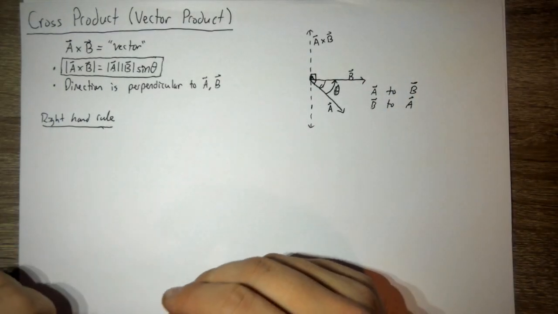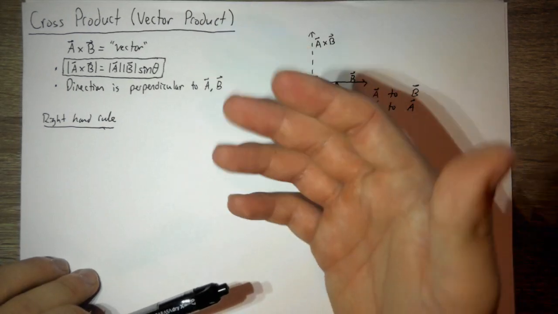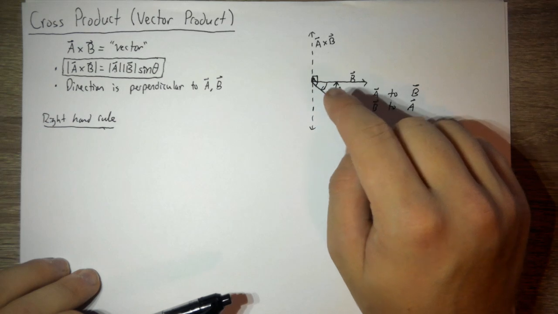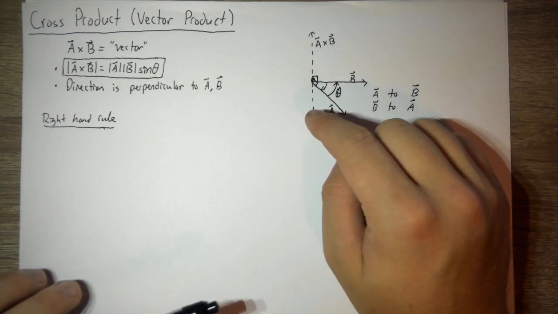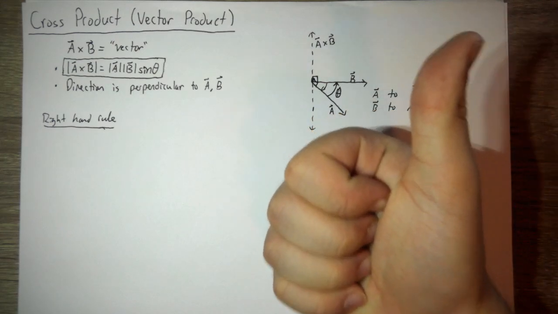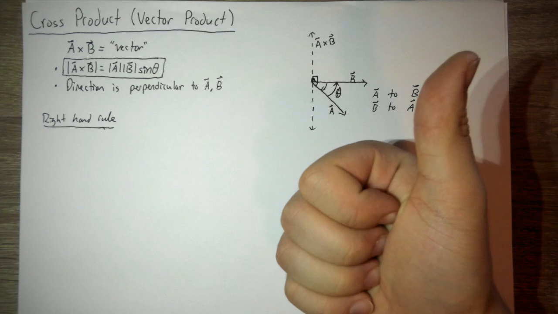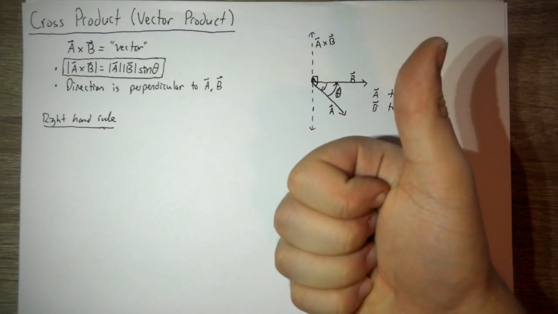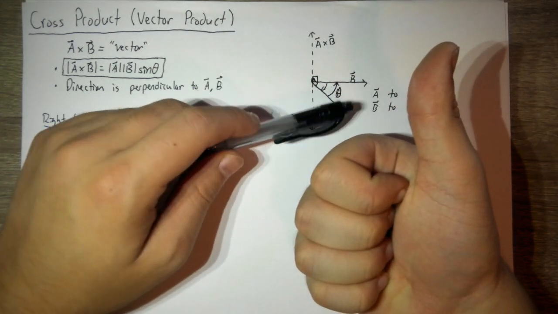The right-hand rule is called the right-hand rule because you can use your right hand to solve for the direction of your resultant vector. How we do it is we curl our fingers like this, like we're going to do a thumbs up, and you curl your fingers in the direction that your angle is moving from.